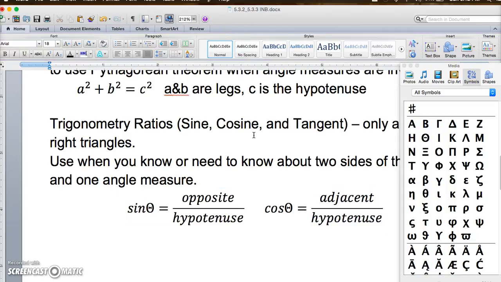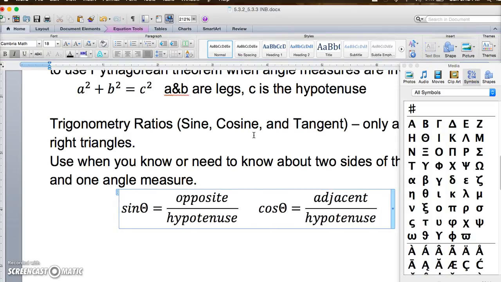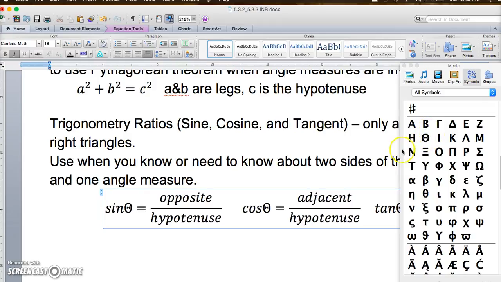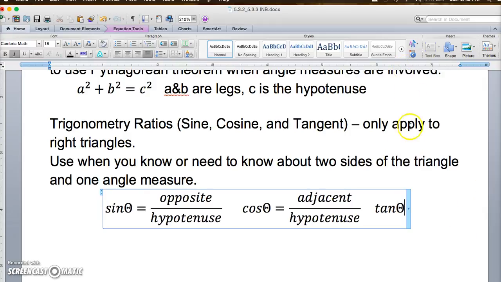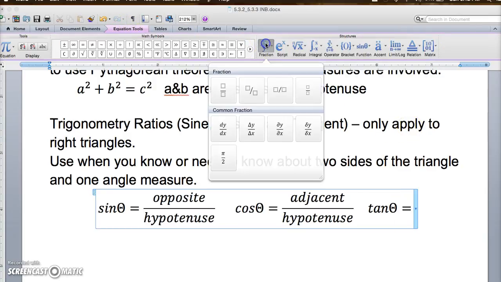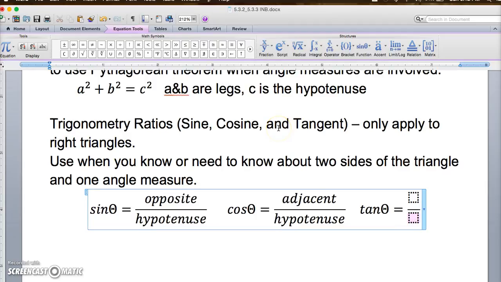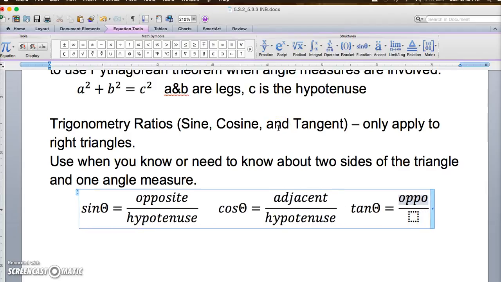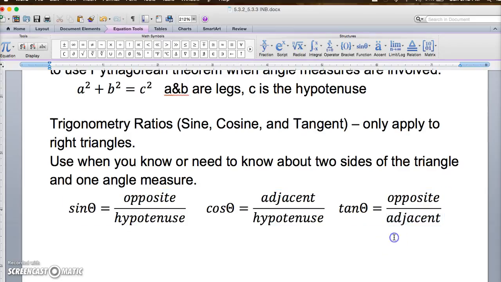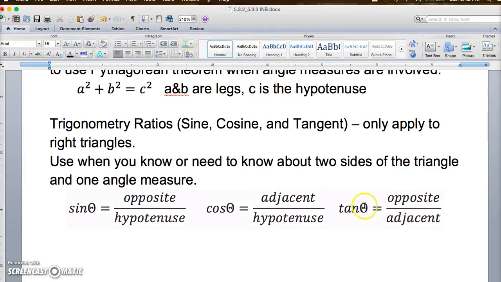And tangent theta equals opposite over adjacent. So these are the sides that you would be using with the angle measures.